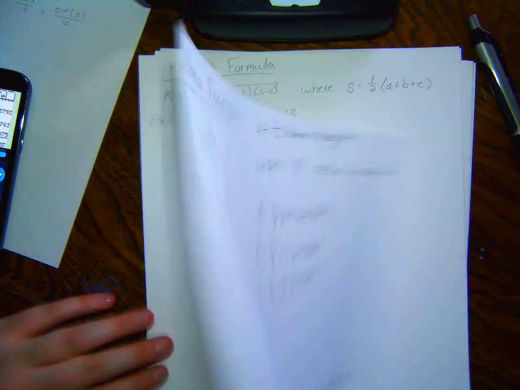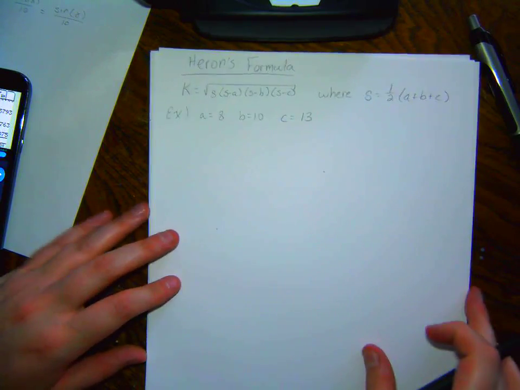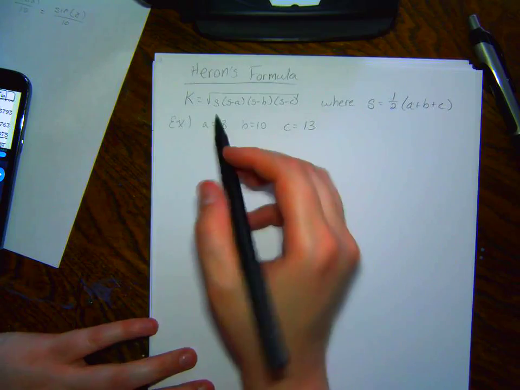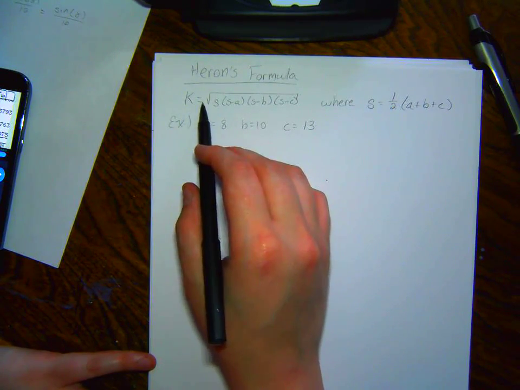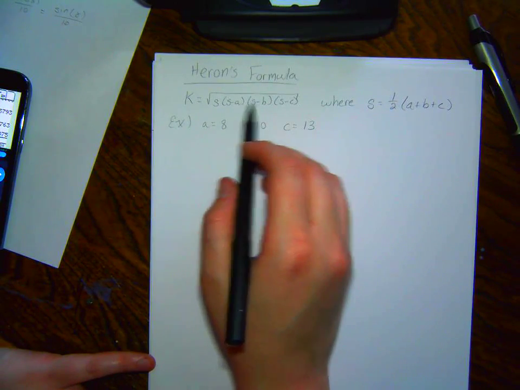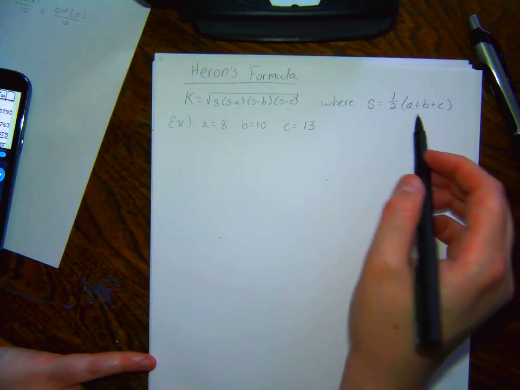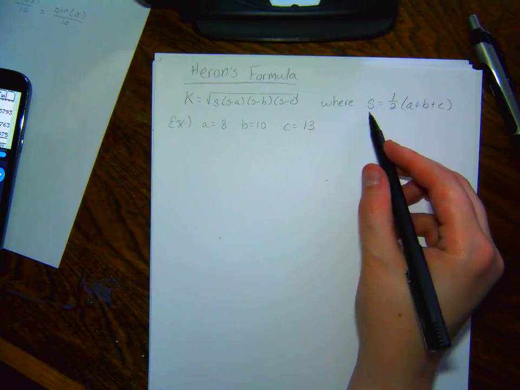That's area. And then let's move on to one more area formula. This is called Heron's formula. We denote area by K in this case. K equals the square root of S times S minus A times S minus B times S minus C, where S equals 1/2 times A plus B plus C. I think it's called the semi-perimeter.